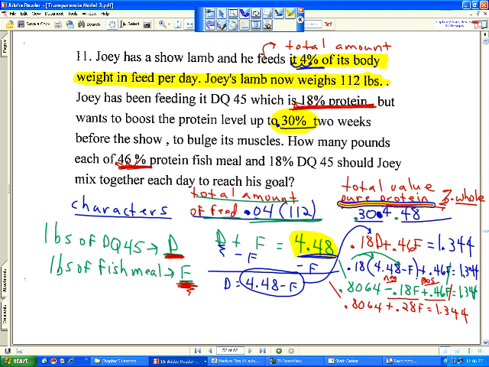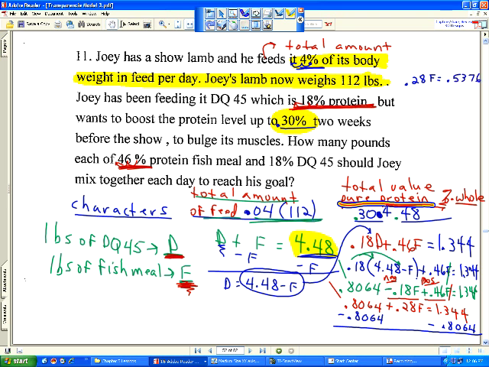Now we need to undo. We're going to undo addition by subtraction, so we subtract 0.8064 from both sides. If you're doing it on paper, don't forget to line up your decimals. So 0.28 F is equal to, one more time, 0.5376.